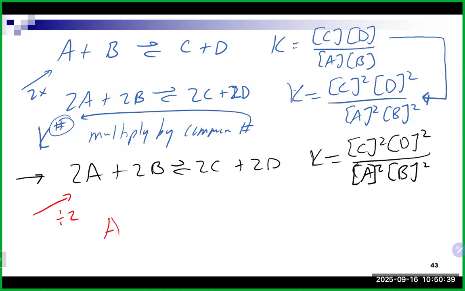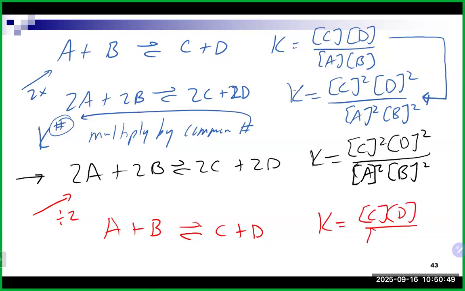If we divide by 2 all the way across, that takes us down to A plus B goes to C plus D, which means our K in this case would be C, D over A and B. So in going from here to here, we took the square root of it, and that's because we divided by 2.